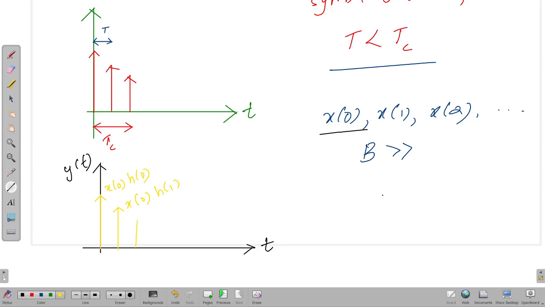And the third signal copy is going to be x0 into h of 2.